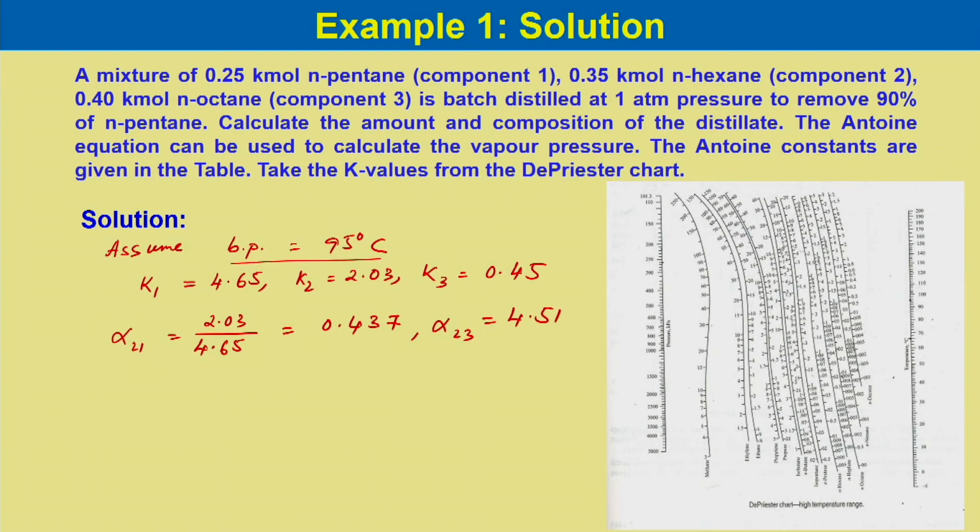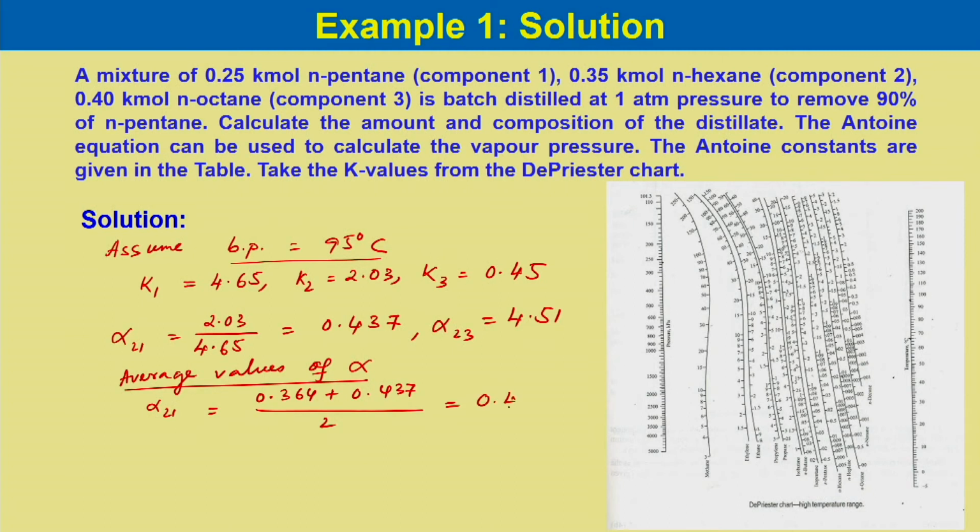Now, if we use the average values of alpha, we can write alpha 21 would be equal to 0.364 plus 0.437 divided by 2, which is equal to 0.4005.